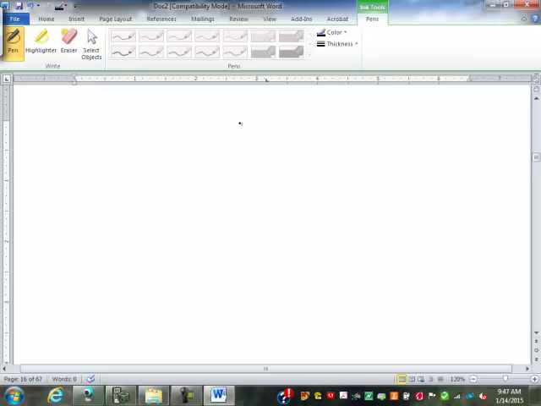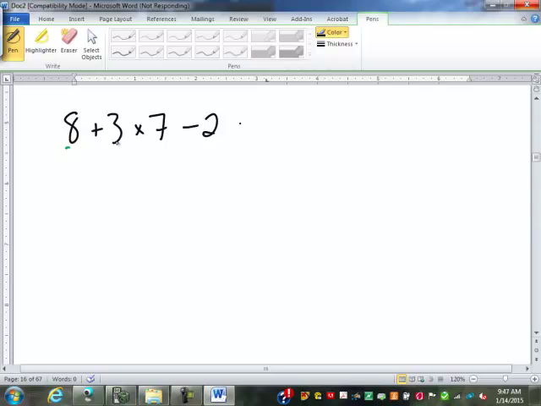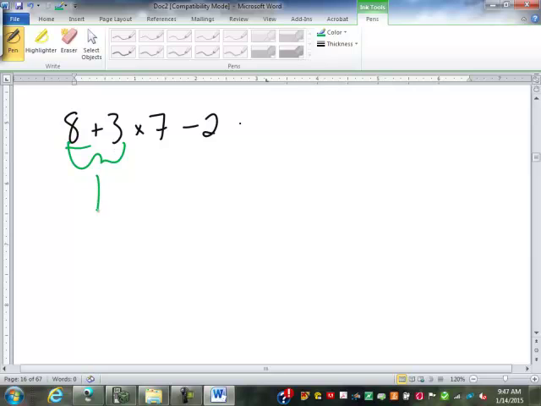Okay, so the last thing we want to cover today is what happens when we run into problems like this. Well, when we look at a problem like that, different people might decide to do things differently. They might look at that and say, you know what, I can add and subtract first. 8 plus 3 is 11. 7 minus 2 is 5.